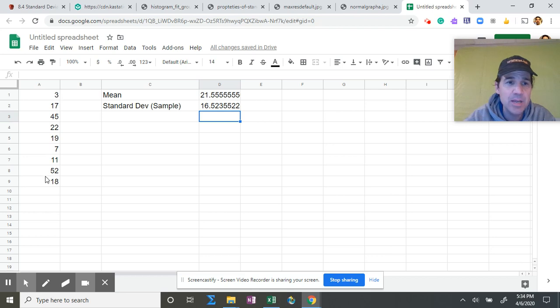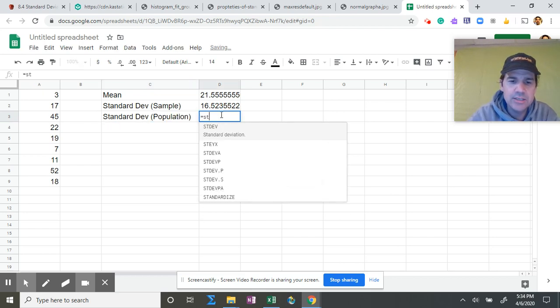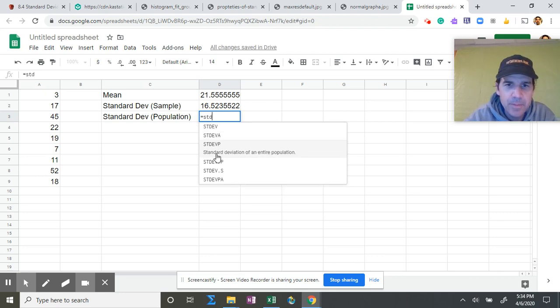If this is just a sample, like 9 different items out of hundreds of items, this would be a sample. But if this was monkeys in the zoo, and there were only 9 monkeys in the entire zoo, then that's my entire population. Then I can find my standard deviation of my population. I just say equals STD, and again, you can see there's the population.